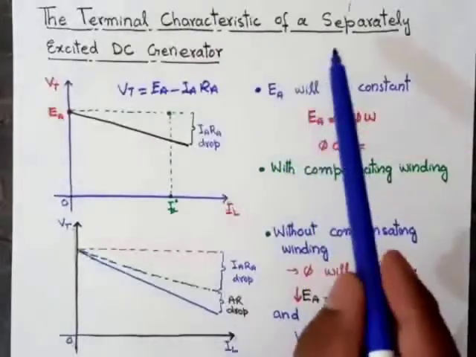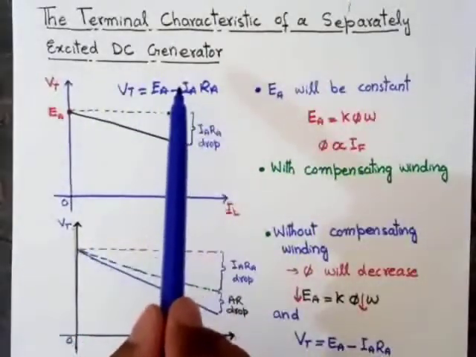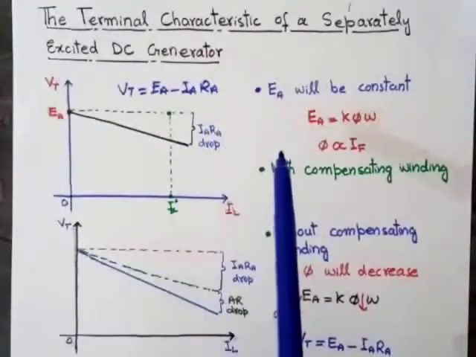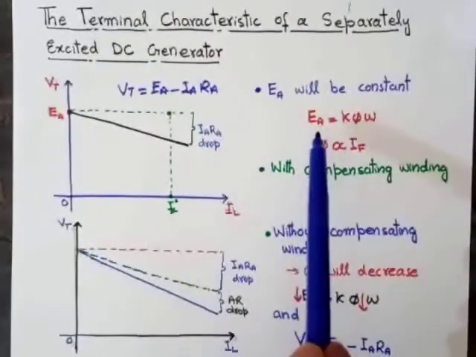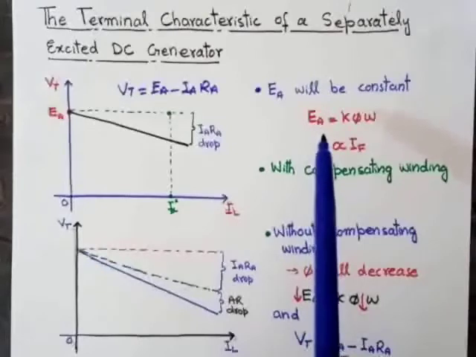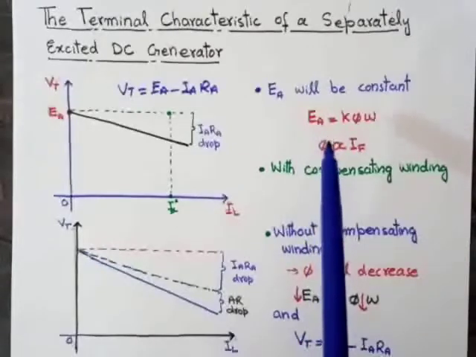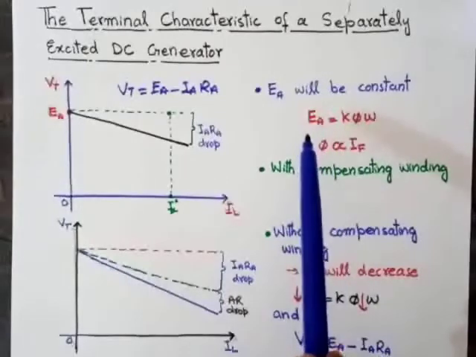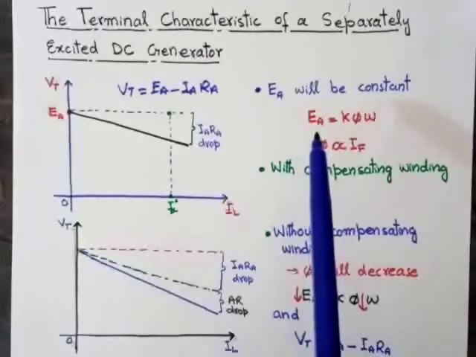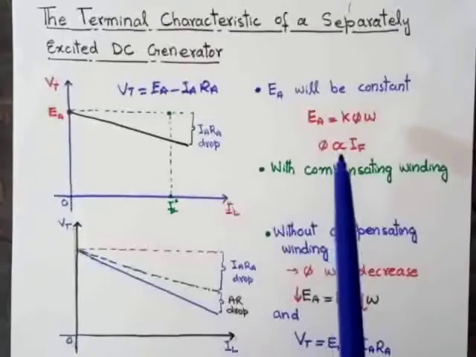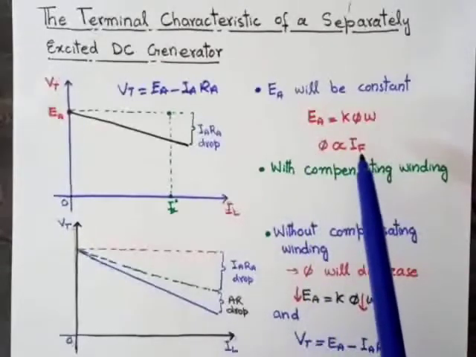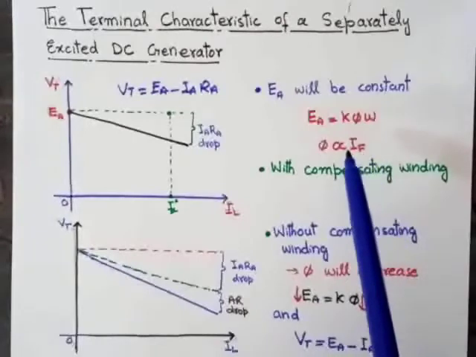In a separately excited DC generator there will be no effect on the internal generated voltage, because we connect the load across the armature winding. We are not connecting the load across the field winding, and the flux is produced due to the field winding, due to the field current.